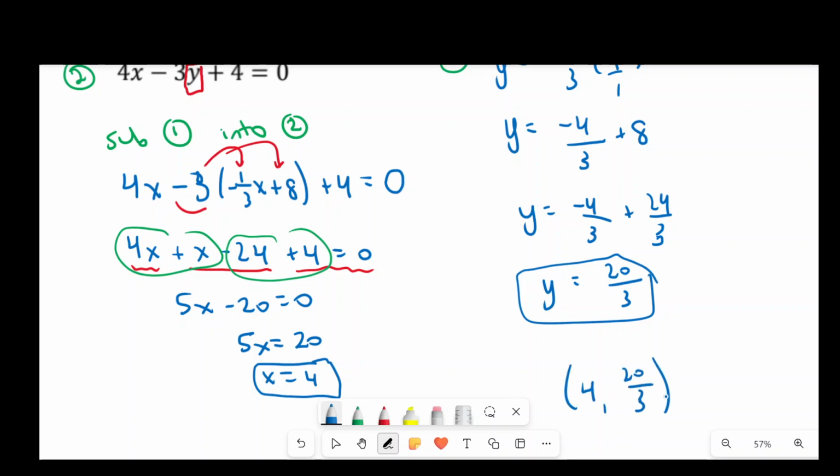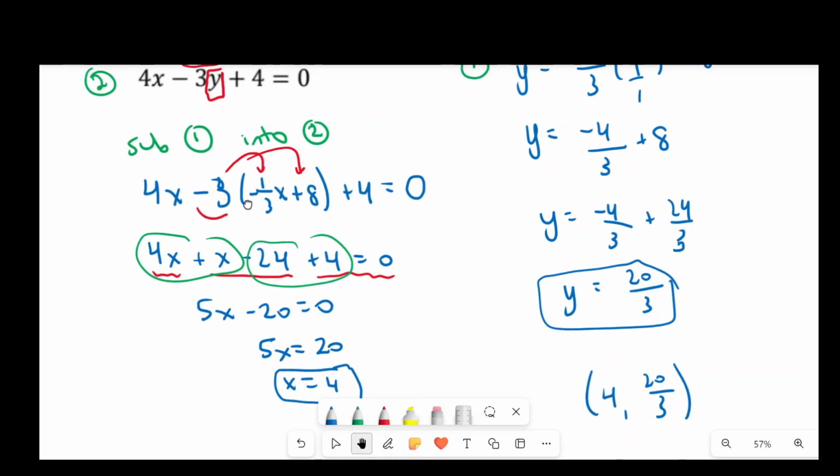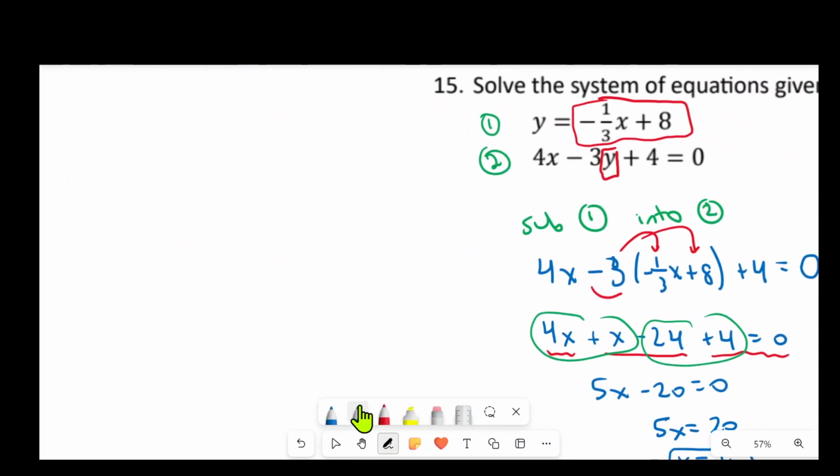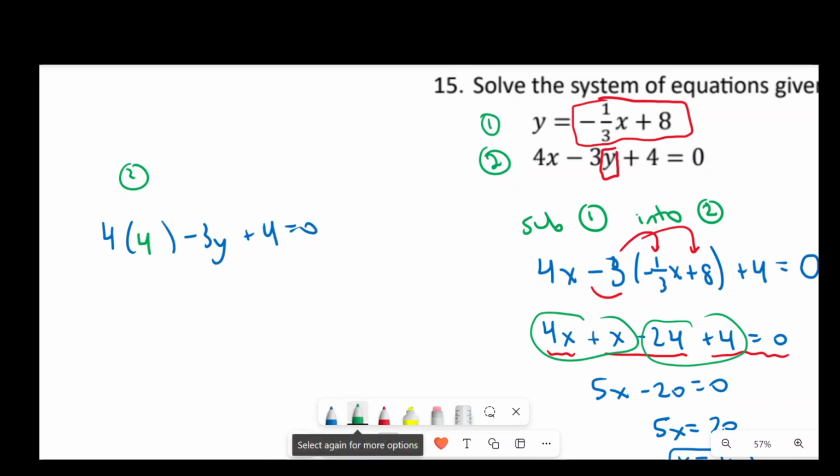And of course, if you wanted to, you could check the answer by using equation number 2. So if I had decided to take equation 2 and sub my x value there, so we discovered that x was equal to 4. So if I sub 4 here, I should get the same y value. Let's see what happens. 4 times 4 is 16.